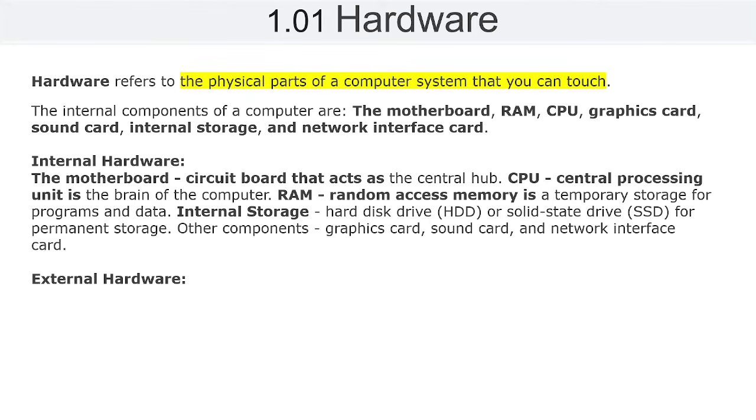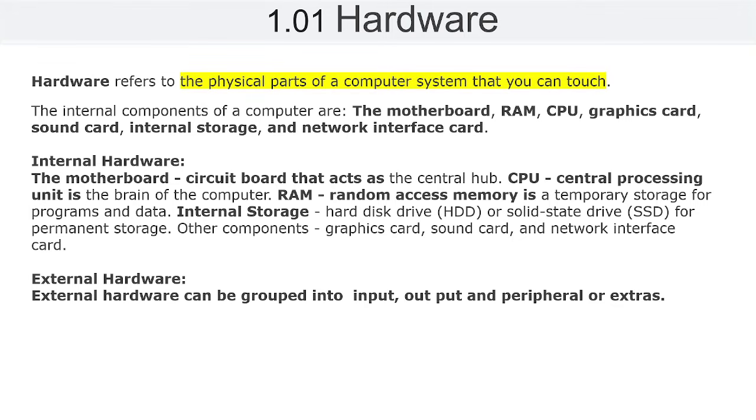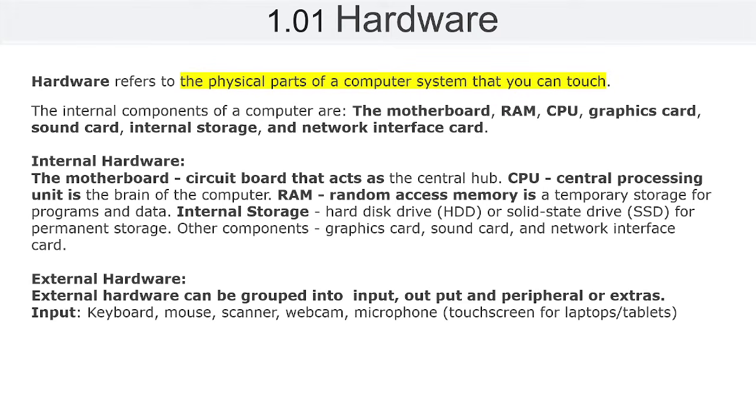Now, we also have the external hardware. The external hardware comprises the input, output, and the peripheral devices, also referred to as the extras. The input devices that we commonly use are the keyboard, mouse, scanner, webcam, the microphone, or the touch screen on our laptops or tablets. We also have the output devices, which are the monitor, printer, and speakers.